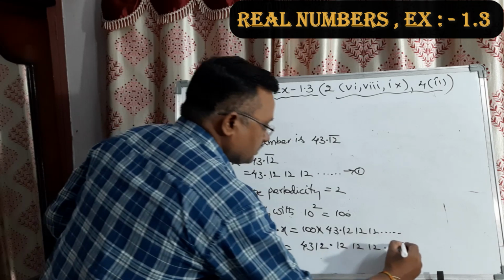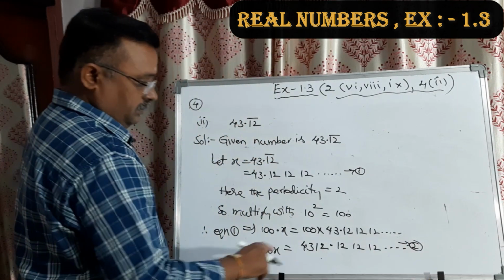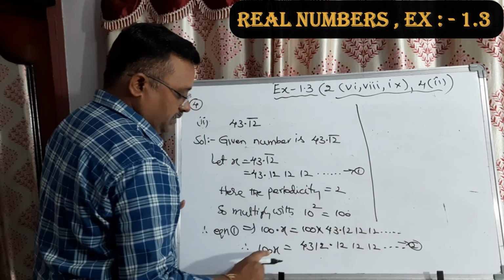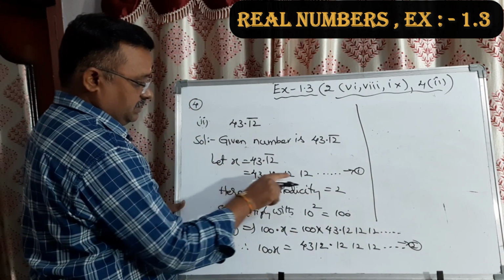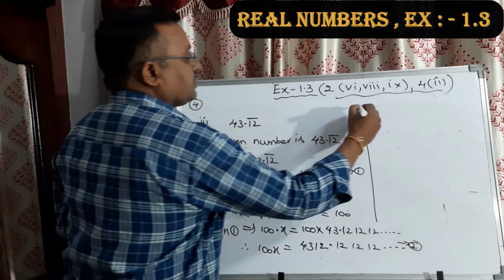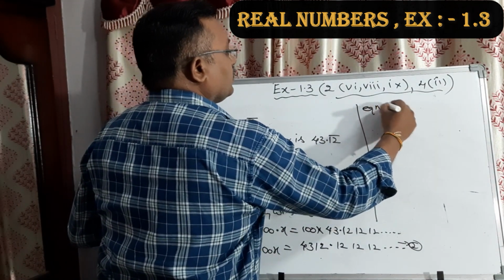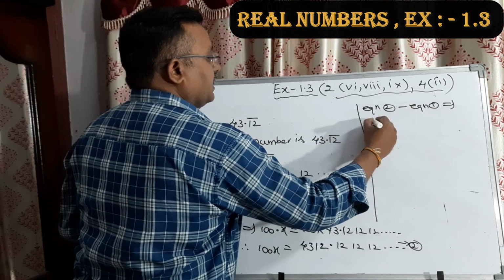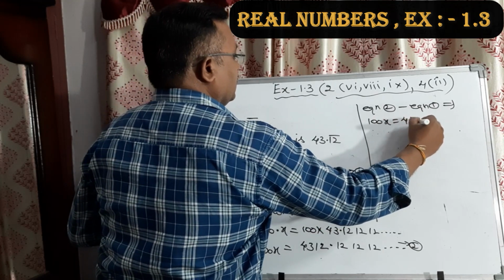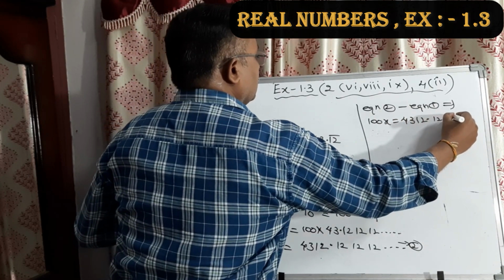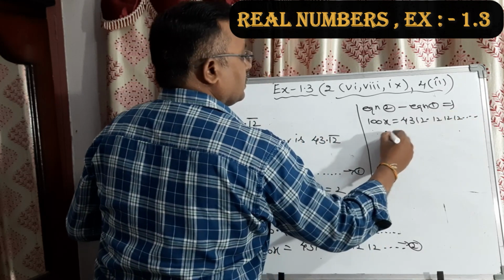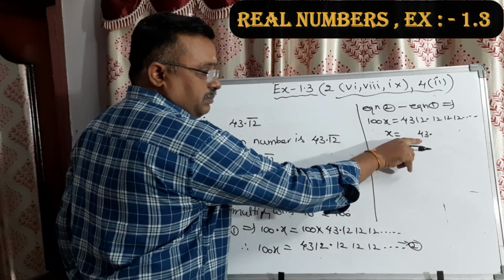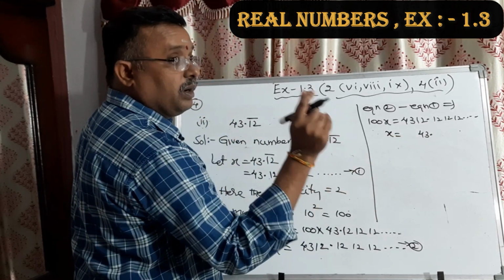Let us suppose this one is equation 2. So 100x is the bigger value, that's why I am subtracting equation 1 from equation 2. So equation 2 minus equation 1 implies 100x is equal to 4312.121212 and so on. X equal to 43 dot, you write this decimal number properly.